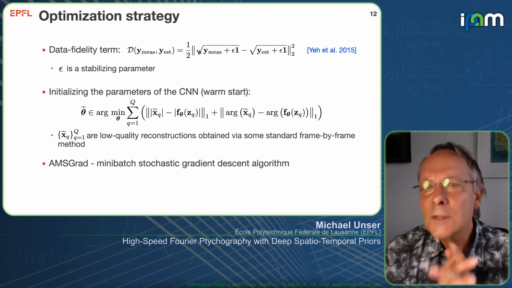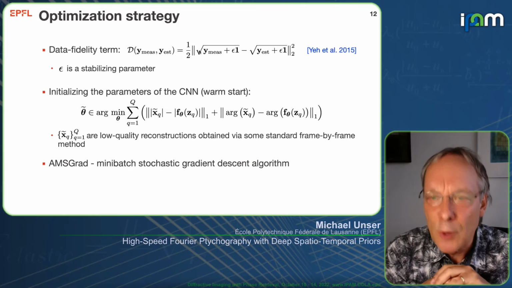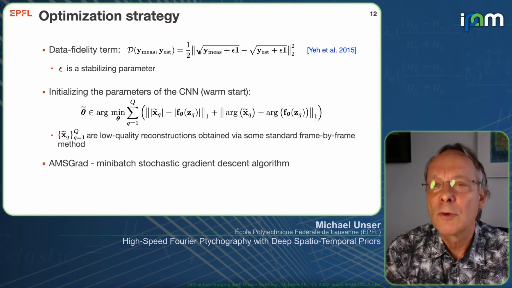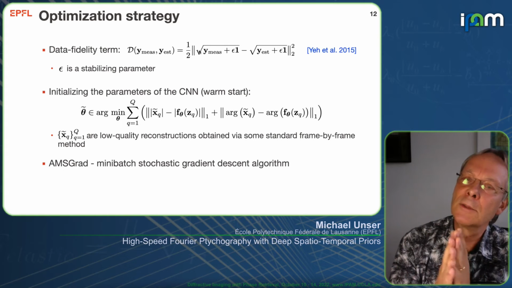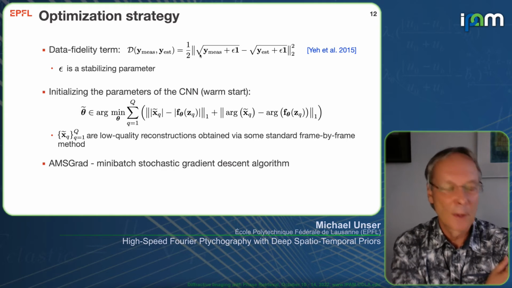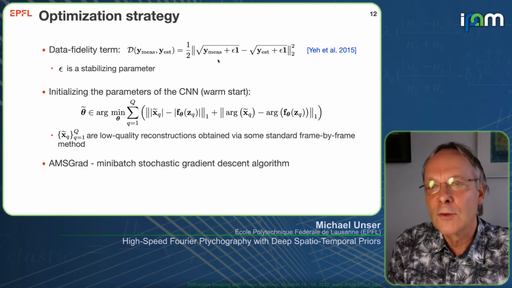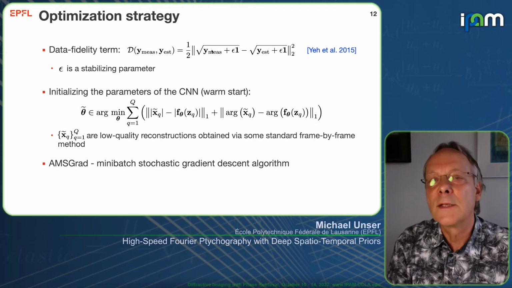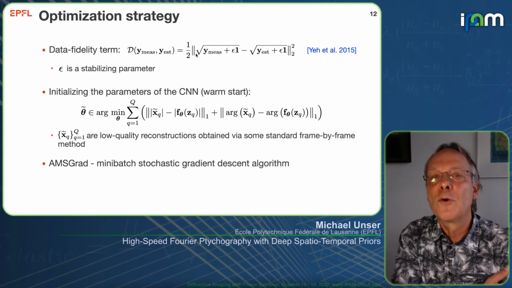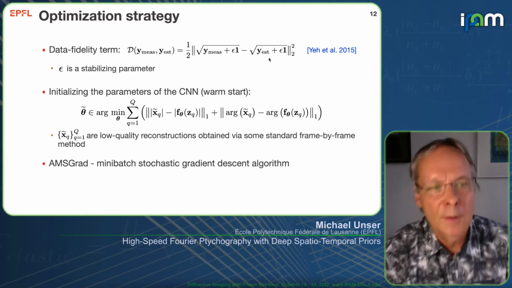The reason for the square root is that it goes very well with Poisson noise, because it's related to the Anscombe transform, which takes Poisson noise and, after square rooting, transforms it into stationary Gaussian noise. So we're applying this square root before doing the least squares.